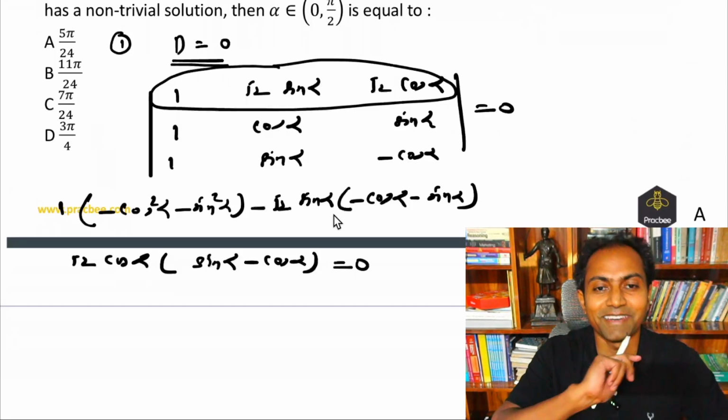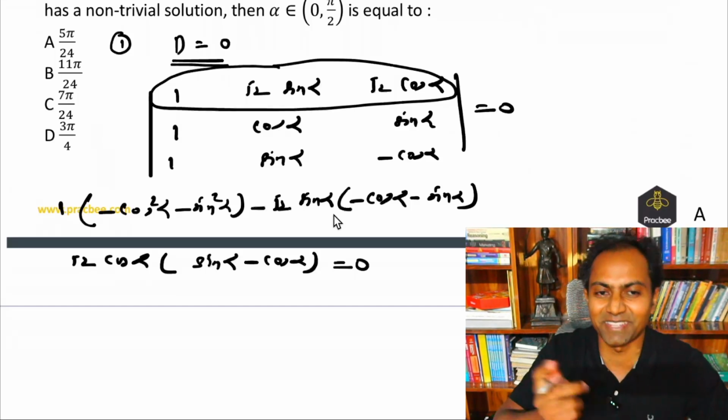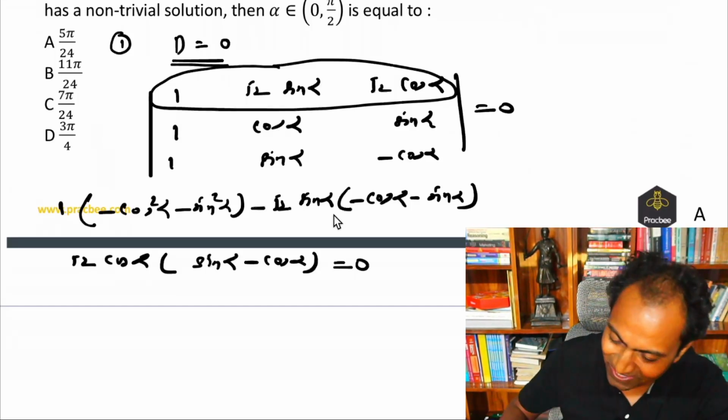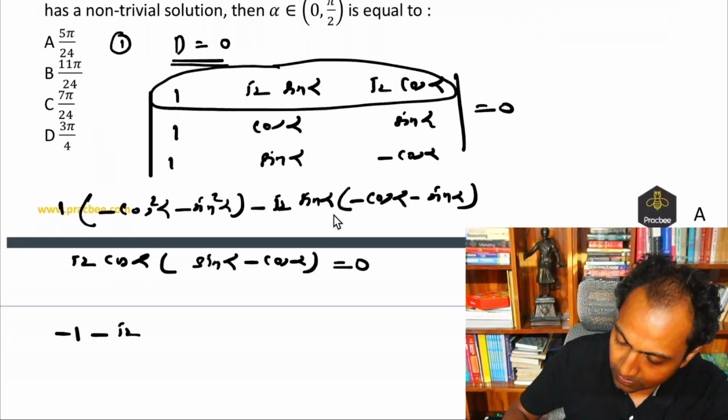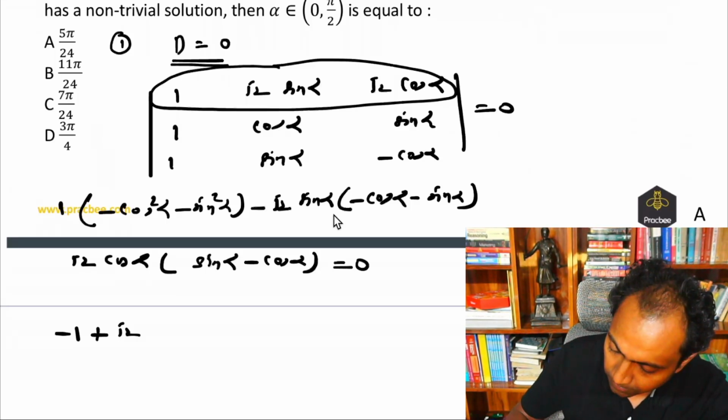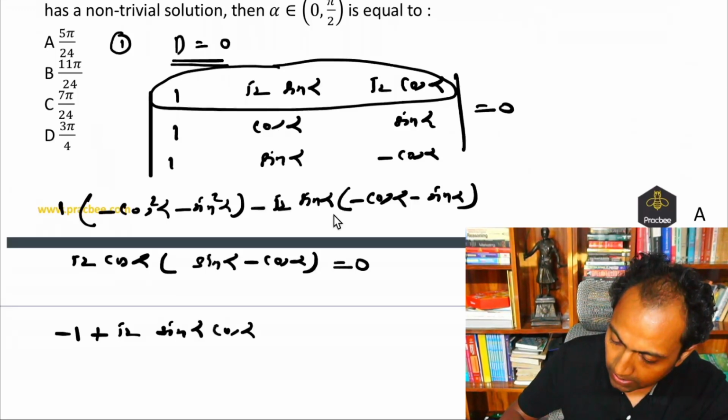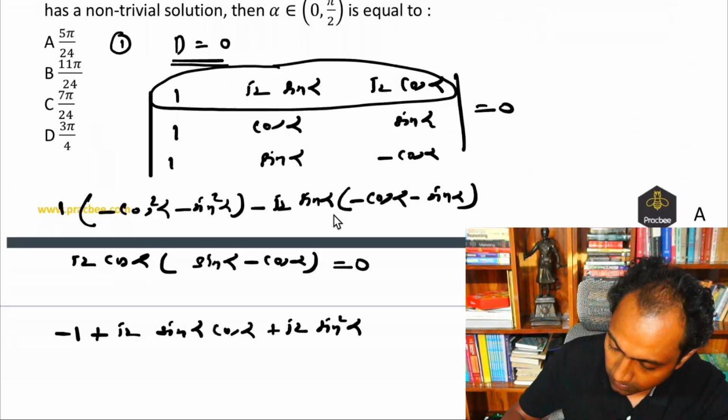Technically trigonometric equations are not in the syllabus, but this question is asking us to solve one. If I simplify, this comes out to be minus 1, minus root 2 times, if I open the bracket, plus sin alpha cos alpha, and the second part will become plus root 2 sin square alpha.